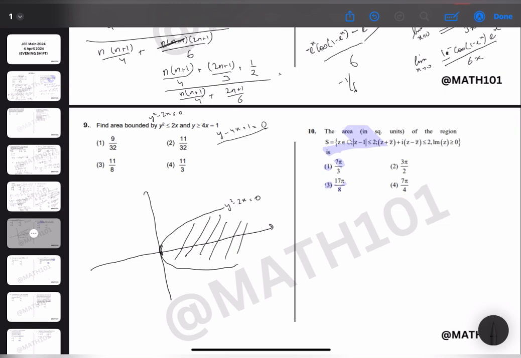So at y equals 0, x equals 1 by 4. This point is somewhere here, 1 by 4, 0. And at x equals 0, y equals minus 1. So this is this line. So this is the area we need to find.